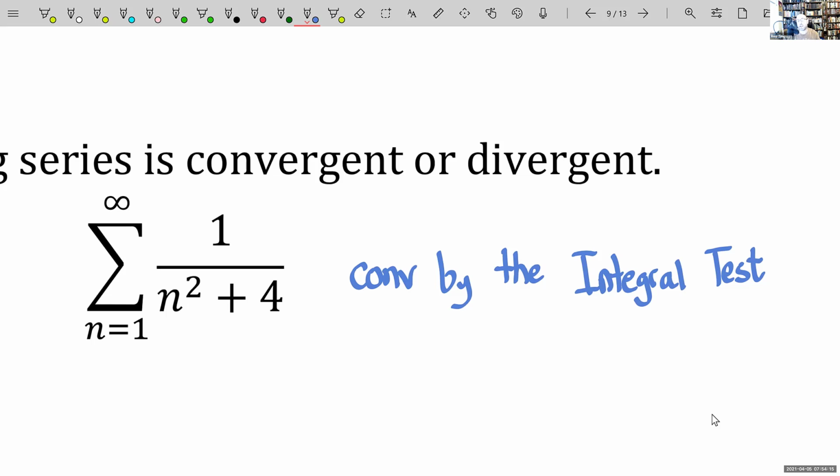No, you can't go straight to the comparison test because there's no such thing right now for us as a comparison test for series. We only have comparison tests for integrals. To be honest with you, in the next section, we'll have a comparison test for series, but right now, we only have it for integrals. Okay. It's just an important little note.